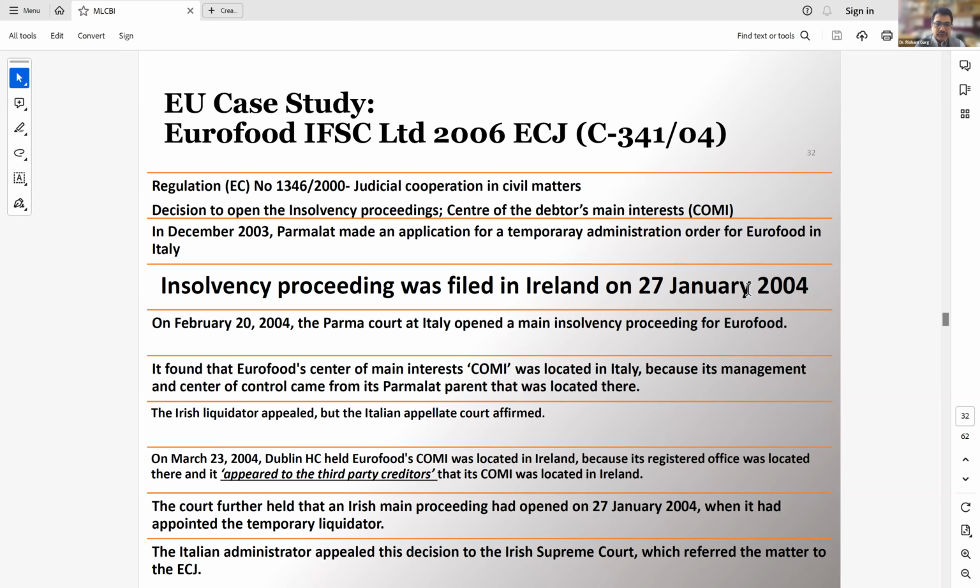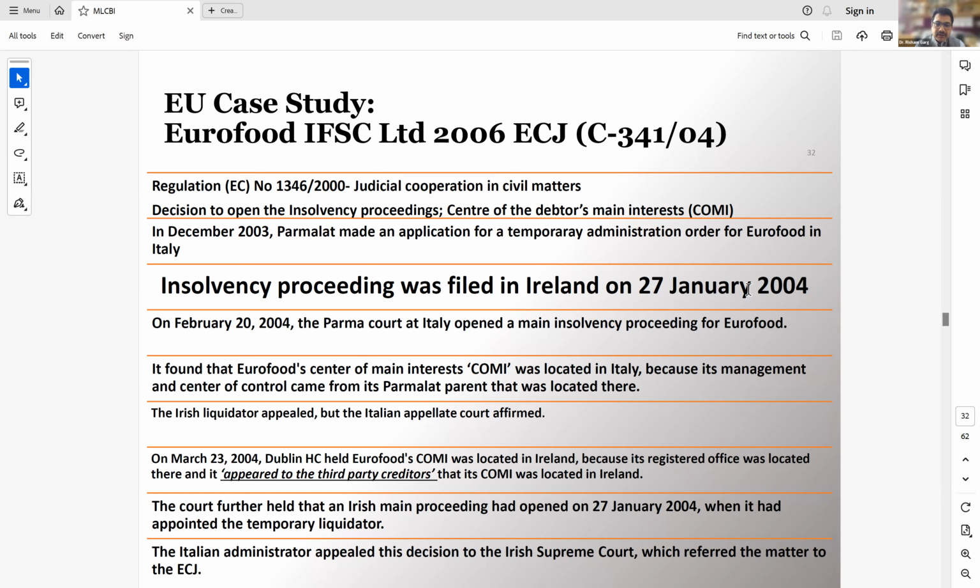But the Italian court's argument was that Eurofood's COMI was in Italy because its management and center of control came from its Parmalat parent Holdco, which was registered in Italy. So this was the basis for the Italian court admitting the insolvency application.